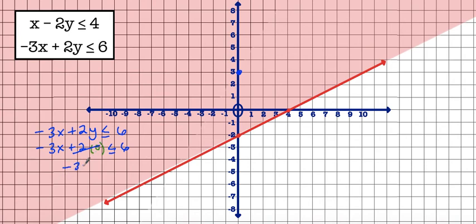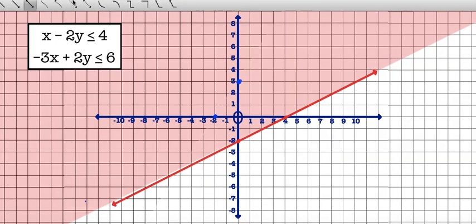We're left with negative 3x is less than or equal to 6. If we divide both sides by negative 3, we get x is greater than or equal to negative 2. So our x-intercept is at negative 2. And because it's less than or equal to, we're also going to draw a solid line again.